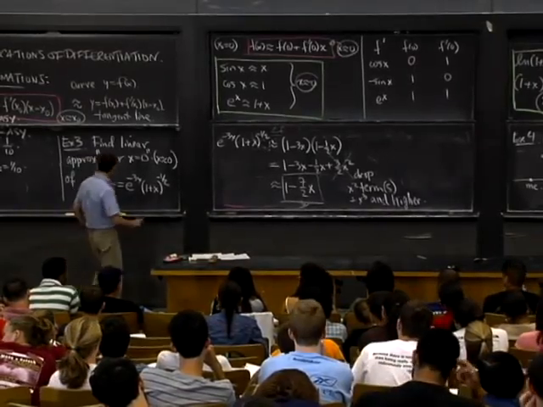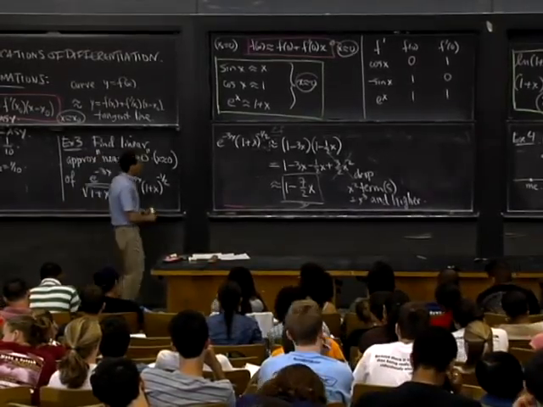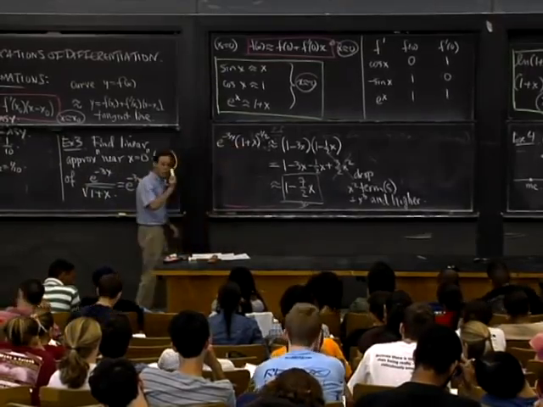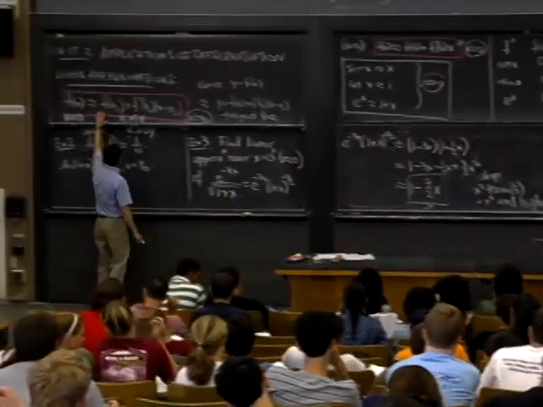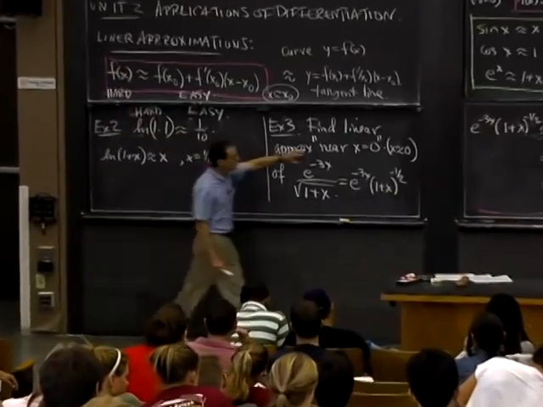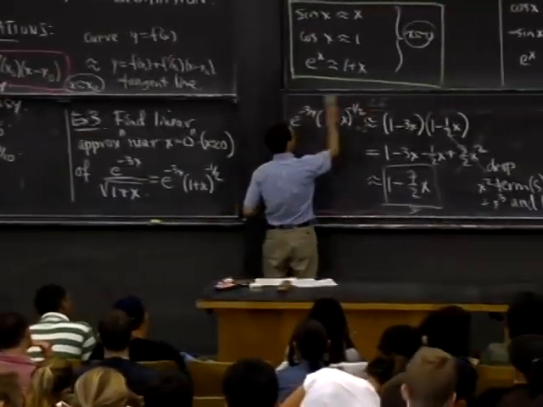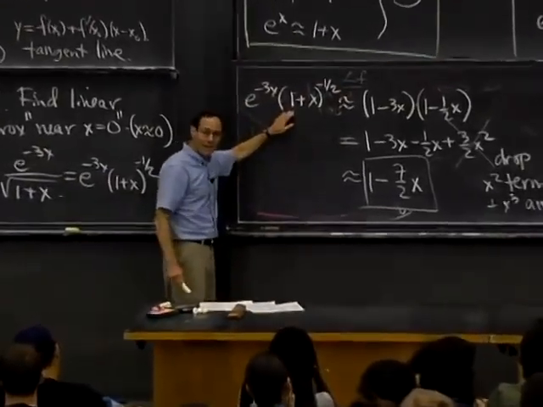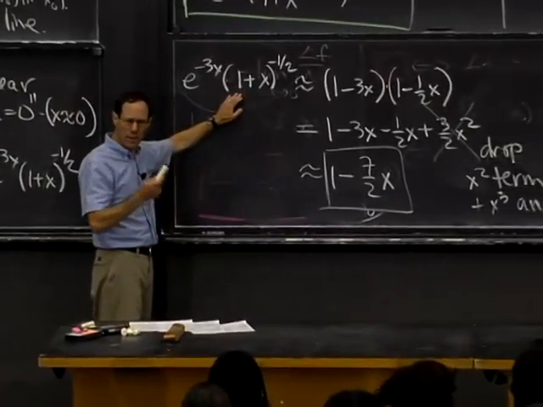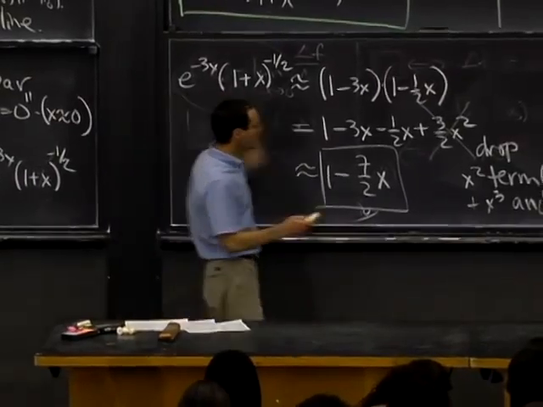Okay, so the question was asked, suppose I did this by a different method. Suppose I applied the original formula here. Namely, I defined the function f of x, which was this function here, and then I plugged in its value at x equals 0 and the value of its derivative at x equals 0. So the answer is yes.